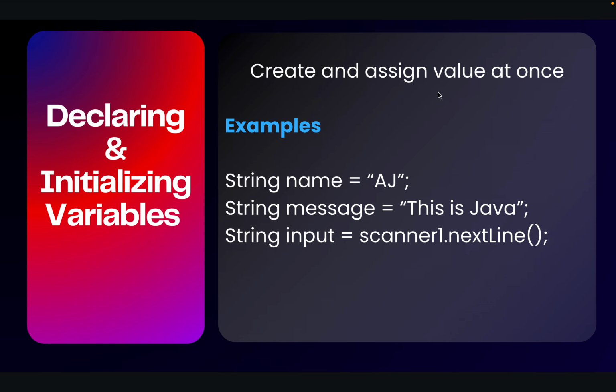We have String input, and this input is taking in the text from the scanner. So remember, anytime you are using a scanner, it automatically is going to represent a string of text. So when you are assigning it to a string, that's because any input from your scanner is automatically a string, so it will not cause any problems. This is what we have worked on in the previous videos.